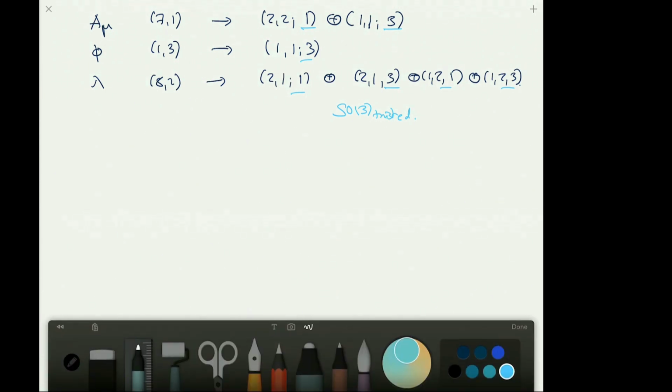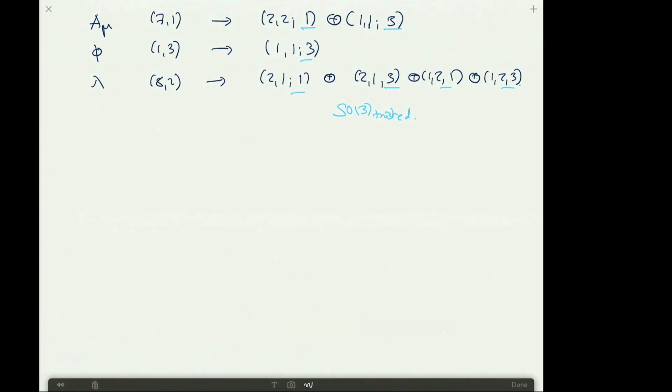So what we see here is that after we've twisted, the gauge field components, let's make this boldface. This is A mu, the four-dimensional gauge field, and this is W. Then W corresponds to one-forms, and likewise phi on M3.